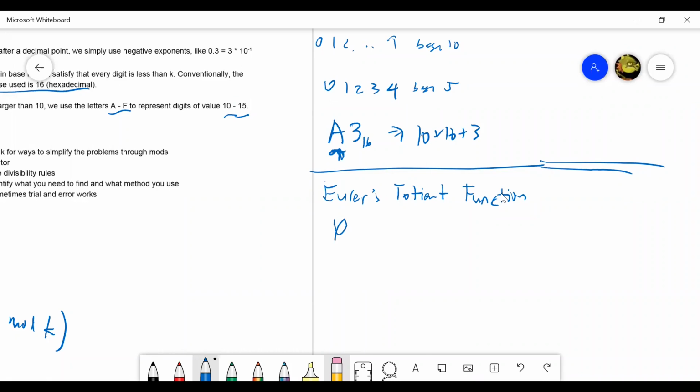This is supposedly the Greek letter phi, and I don't know why it's called totient, but the totient of a number is just equal to the number of numbers less than n and relatively prime to n.